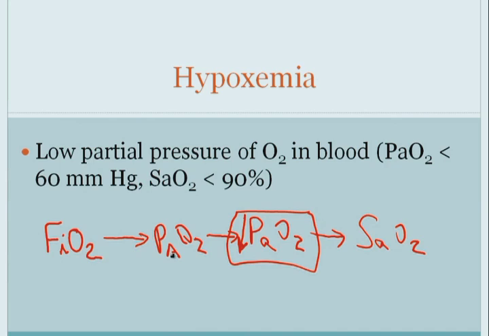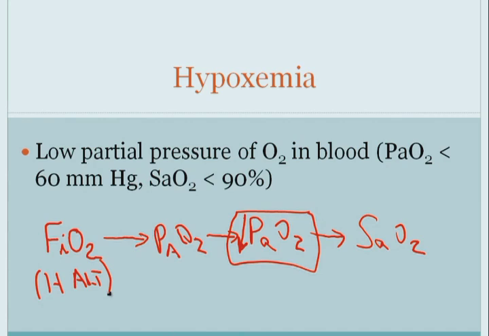So any change early in this sequence would also decrease the PaO2. Let's just take some common examples. If a patient is at high altitude, then the FiO2 is actually decreased.